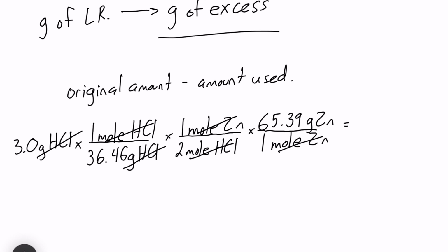So let's throw this into our calculator. So 3 divided by 36.46 divided by 2 multiplied by 65.39. And what you should get is 2.69 grams of zinc. And what that represents is the amount of zinc used.